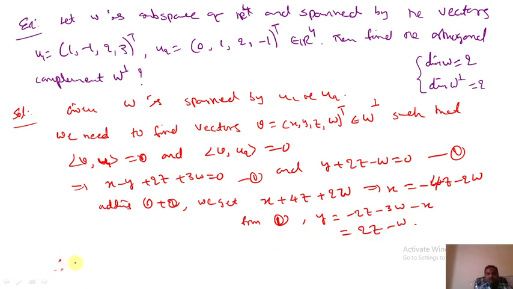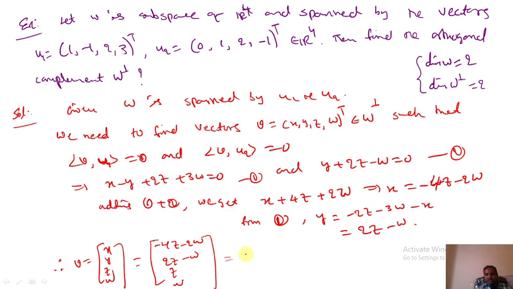Therefore, what is v spanning? x, y, z, w: x is minus 4z minus 2w, y is z minus w. z and w are free variables.